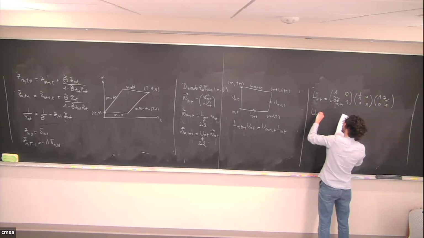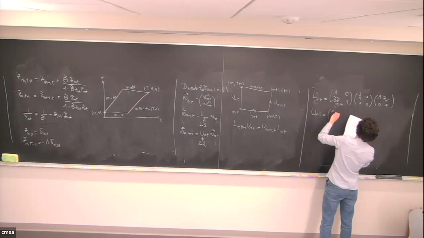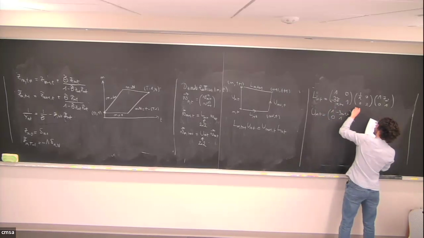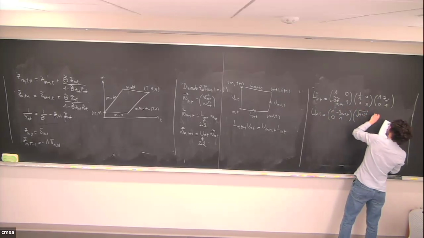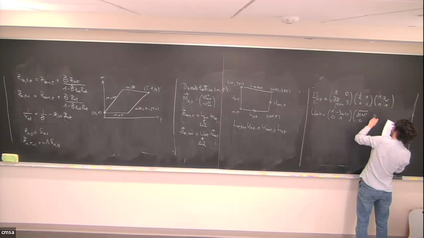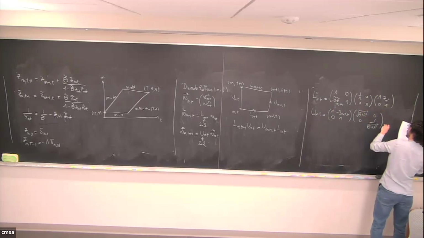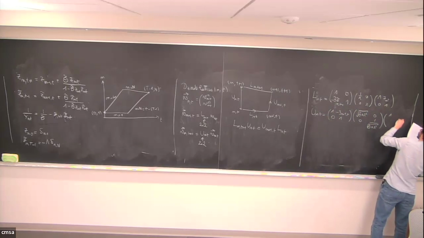And the matrix U of n t is equal to 1, 0, 1, minus Z n minus 1 t, times the square root of theta plus lambda squared, 0, 0, 1 over the square root of theta tilde plus lambda squared, times 1, 1, 0, theta tilde, Z and Z tilde n t.